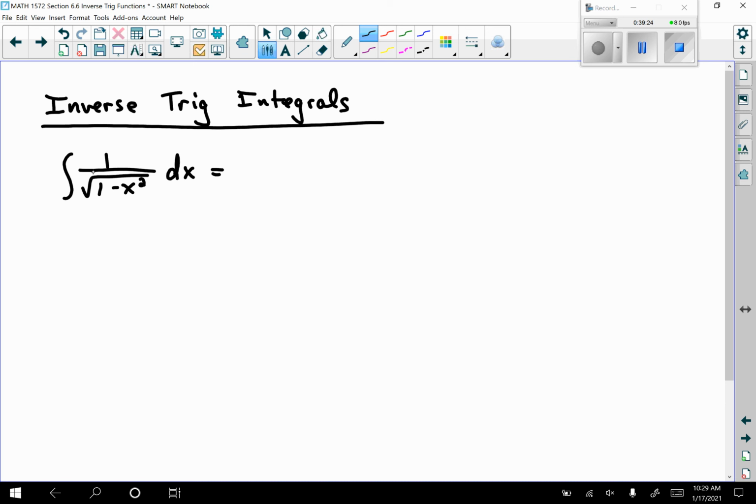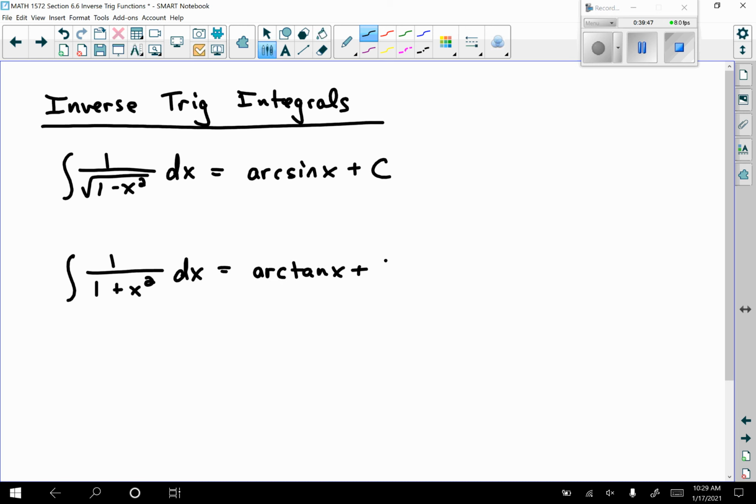This one matches the derivative of the inverse sine. So this is just going to equal arcsine of x plus c. And if we have the integral of 1 over 1 plus x squared dx, again, both of these are positive. So there's no square root here, so this becomes arctangent of x plus c.